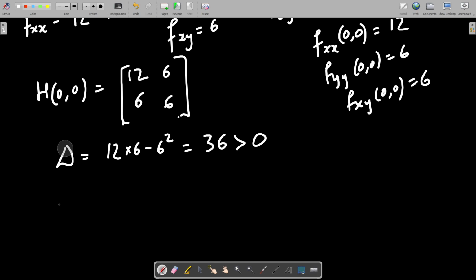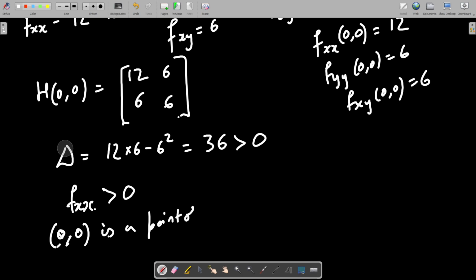So the moment delta is positive, then only we can think about looking for maxima or minima, right? This is done, and then next you know that fxx is also positive. Okay, so this 0, 0 is a point of minimum.